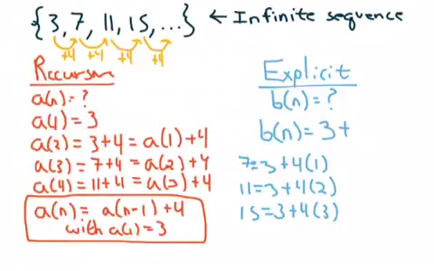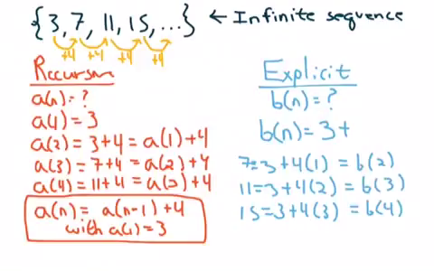Every single time we would say that this is our A, well, we're using B here. That's B of 2 to get the 7. This is B of 3, and this is B of 4.